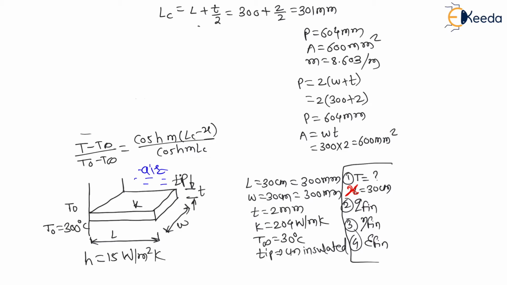Now once you calculate all these values, let us put them in this formula. Therefore the formula will become, temperature we have to calculate, T minus the surrounding fluid temperature T infinity, which is given as 30 degrees Celsius.